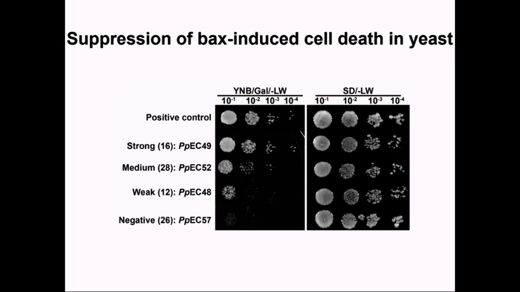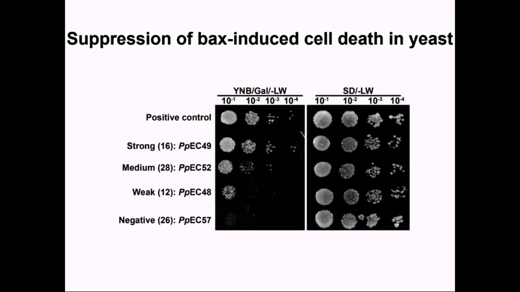And so here's a positive control. This is a very strong suppressor of bax-induced cell death in yeast. And you can see the yeast grow quite well, even at very low dilutions. And we have 16 of our PPECs that also very strongly suppress bax-induced cell death, and some are moderate suppressors and some are weak suppressors.